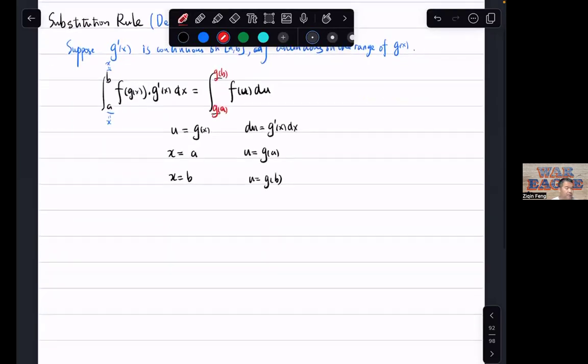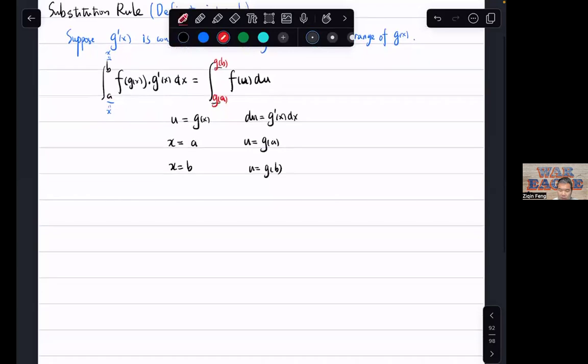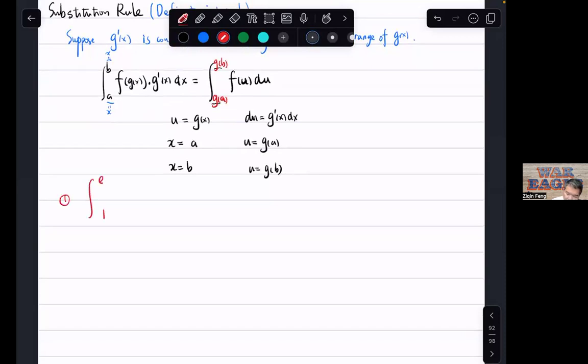So let's see a couple of examples of how we use this method to evaluate some definite integrals. Let's see the first one here: the integral from 1 to e of natural log of x over x dx. How do we handle this?